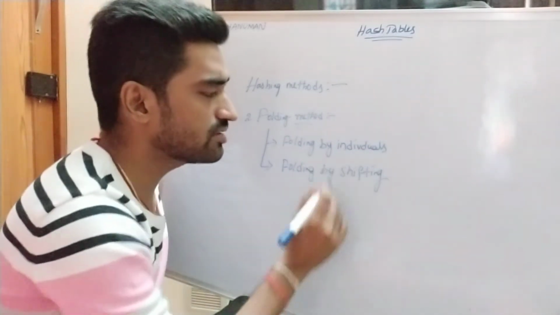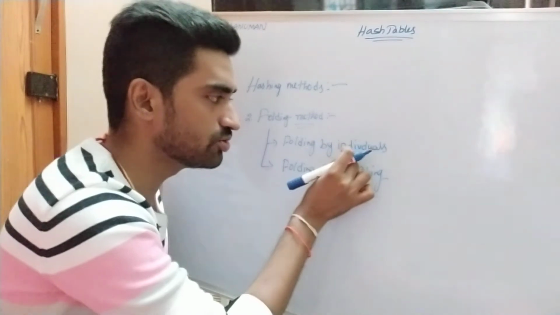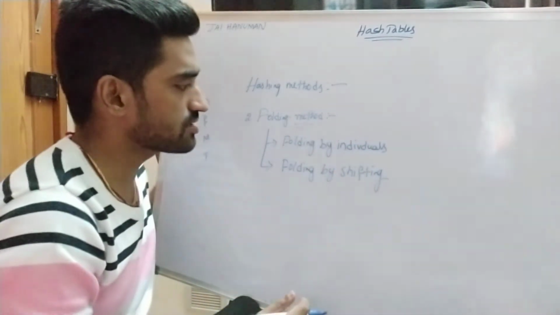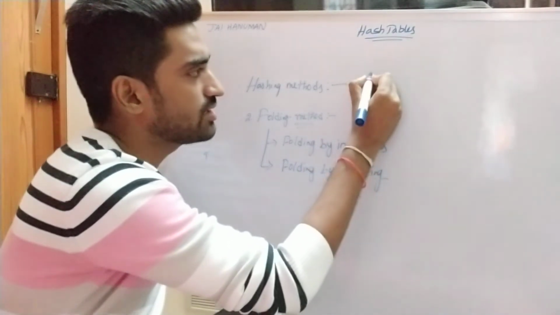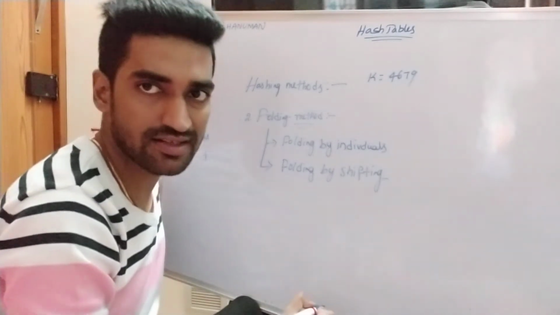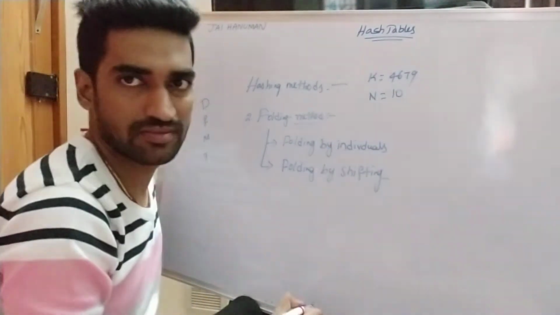In this method we can fold all the elements in the key value and then the division method is applied. Suppose here I am considering the key value 4679 and the size of the hash table is n.